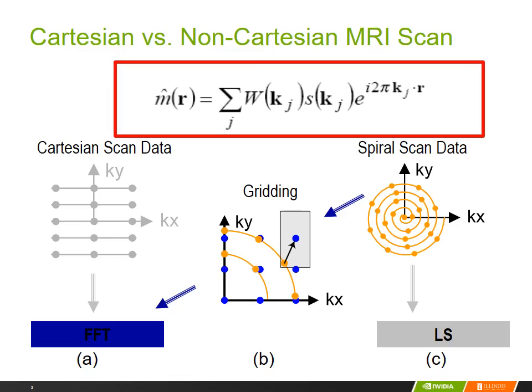S is the K-space sample that the machine takes. W is the weight that we will be applying to the samples. And these weights are used to emphasize or de-emphasize the samples according to their density in the K-space. And then E is a basis function that we will be using essentially for the frequency domain to time domain conversion.